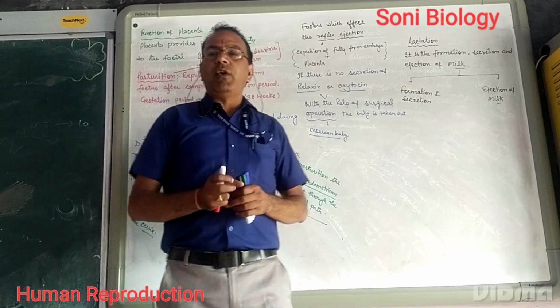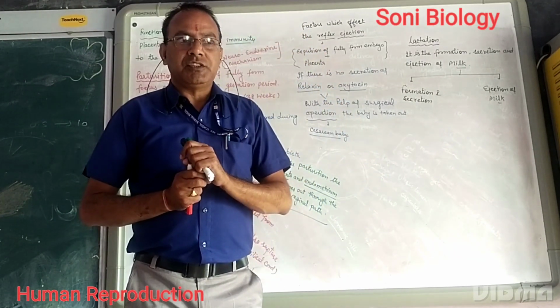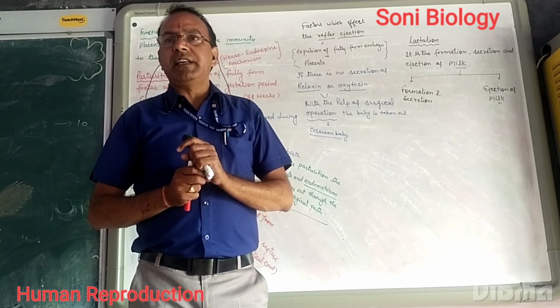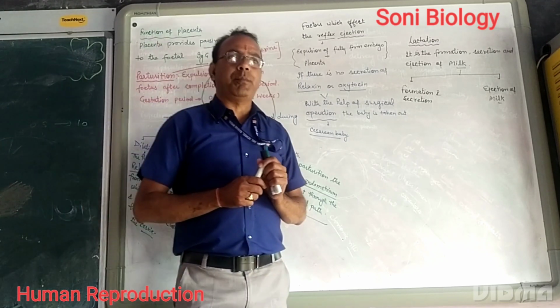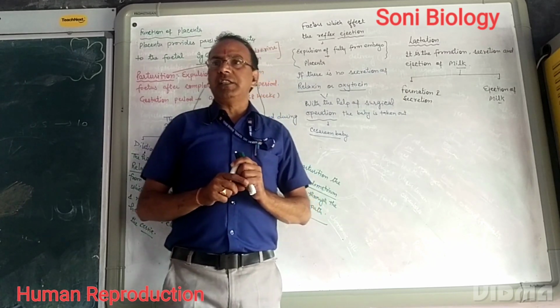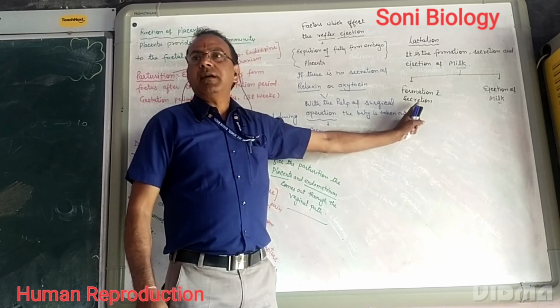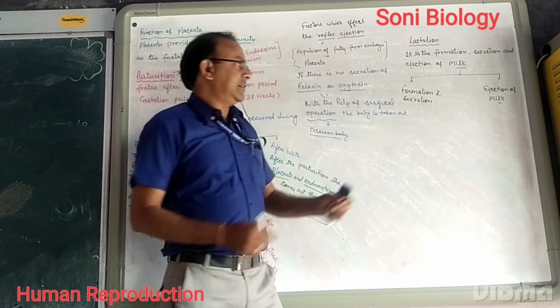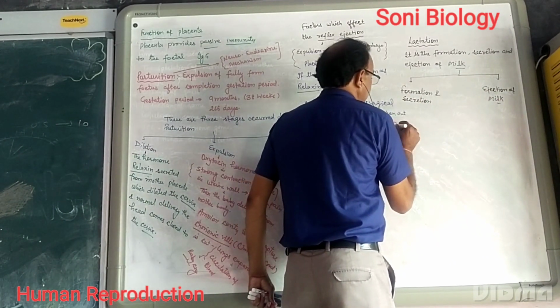This low level of estrogen and progesterone stimulates the pituitary gland. This pituitary gland, with the placenta, secretes a hormone called PRL, prolactin hormone. That prolactin hormone is responsible for production of milk in the mammary gland alveoli. First we will take the formation of milk.